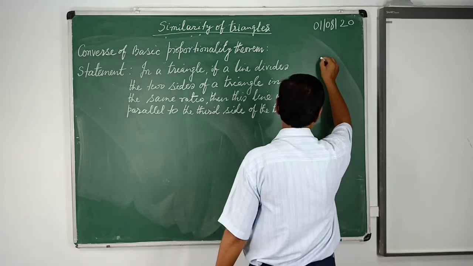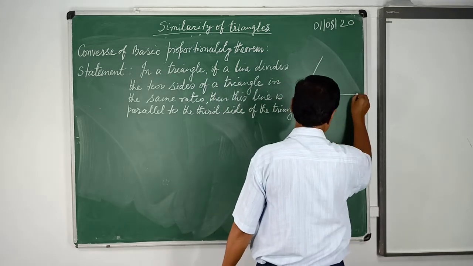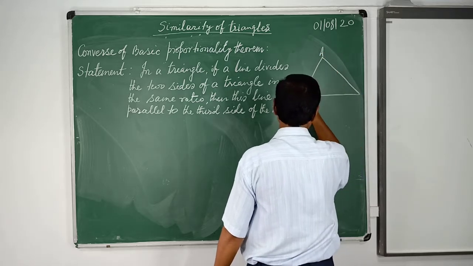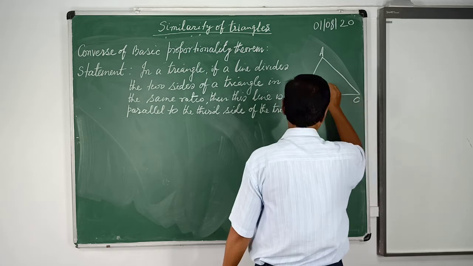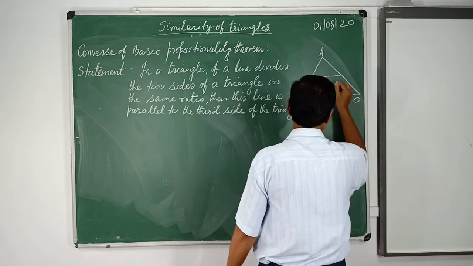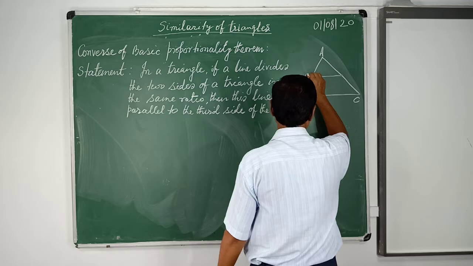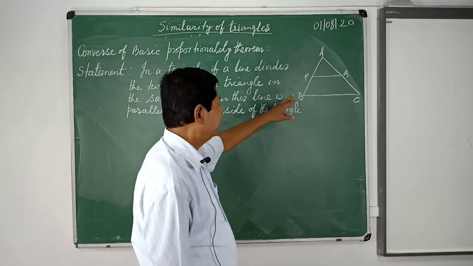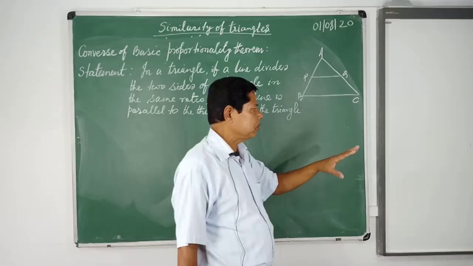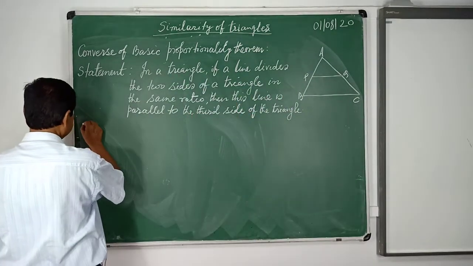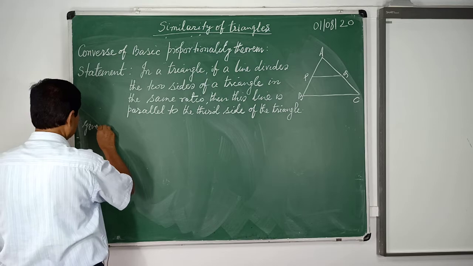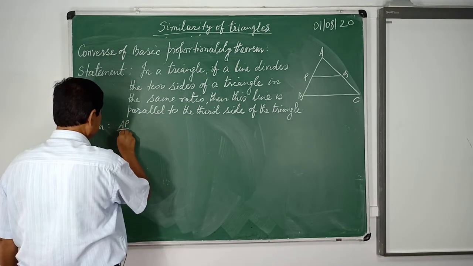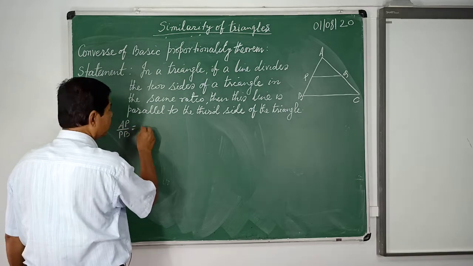The figure is, according to the statement, if triangle is ABC and if a line is drawn such that it divides the two sides AB and AC in the same ratio. That means it is given that AP by PB equal to AQ by QC.